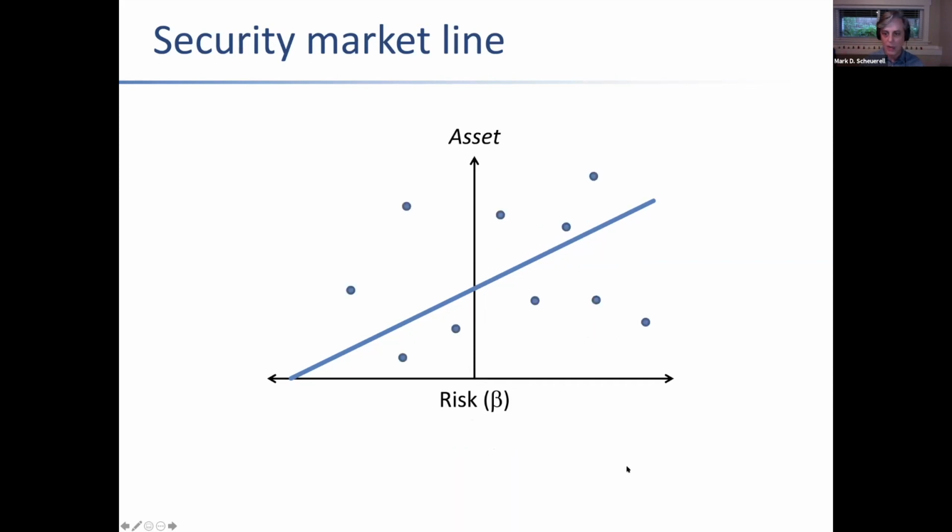So, okay, we're considering a bunch of stocks for a portfolio. Anything that lies above that line is undervalued, and those are things that we want in our portfolio. Anything under that line is overvalued, and we would rather not have those in the portfolio.